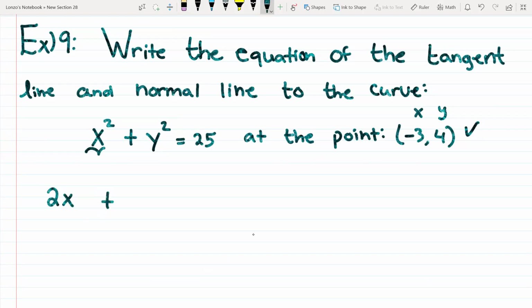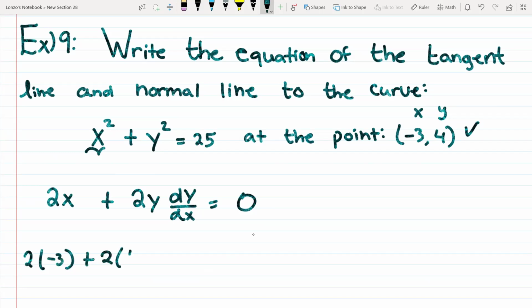Okay, the next term is y squared. What is the derivative of y squared with respect to x? It would be 2y times dy dx. And then on the right side, the derivative of 25, our constant, is 0. Then I gotta find dy dx, so I'm going to plug in my coordinate. So it's 2 times x, which is -3, plus 2 times y, which is 4, times dy dx, equals 0.